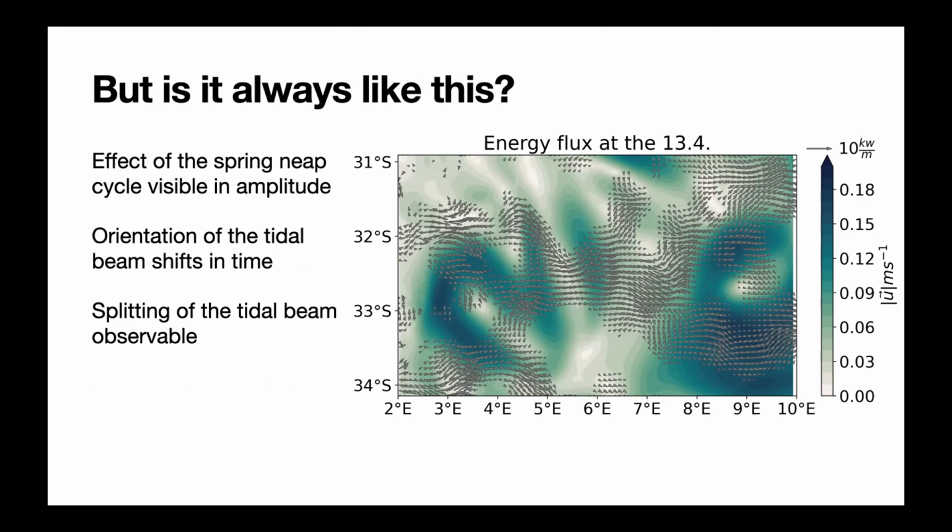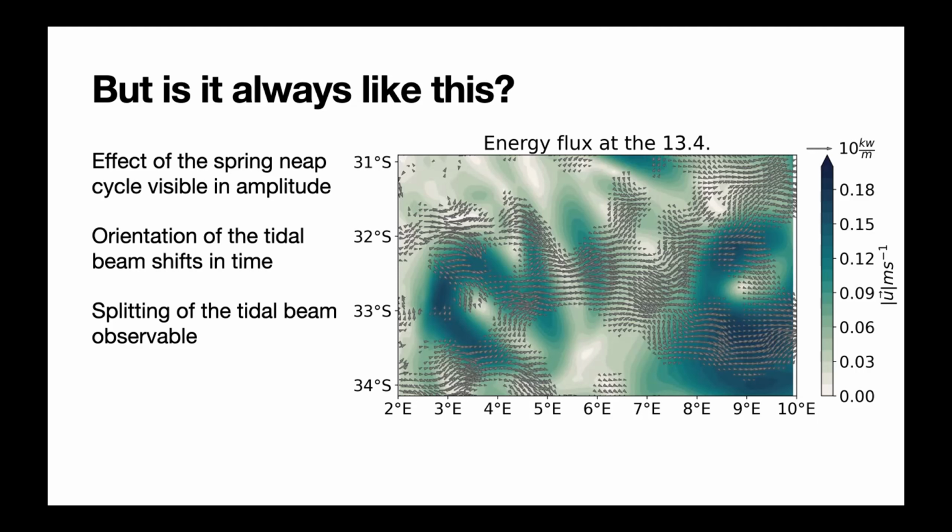Furthermore, it's not as coherent anymore, and the strength of the energy flux greatly varies across the tidal beam. And not only the amplitude is changing, but also the direction. We not only have these eastward fluxes, but also some which really go to the north or to the south. For one, this might be associated with the spring-neap cycle, so that especially the amplitude is changing throughout our month, but also the orientation of the tidal beam shifts in time.